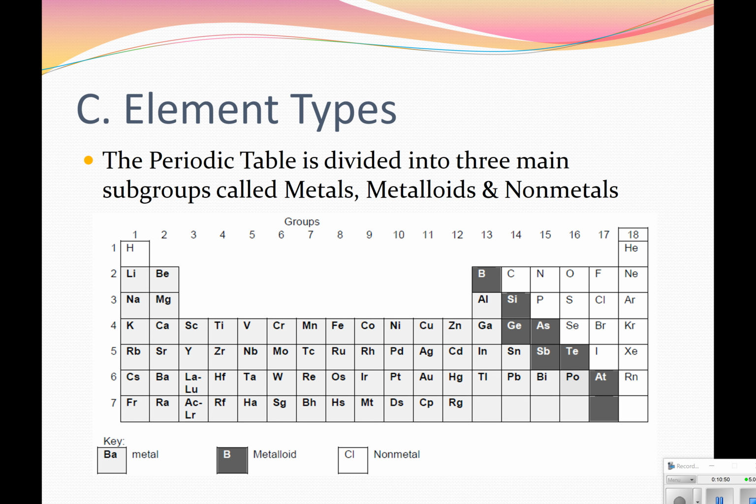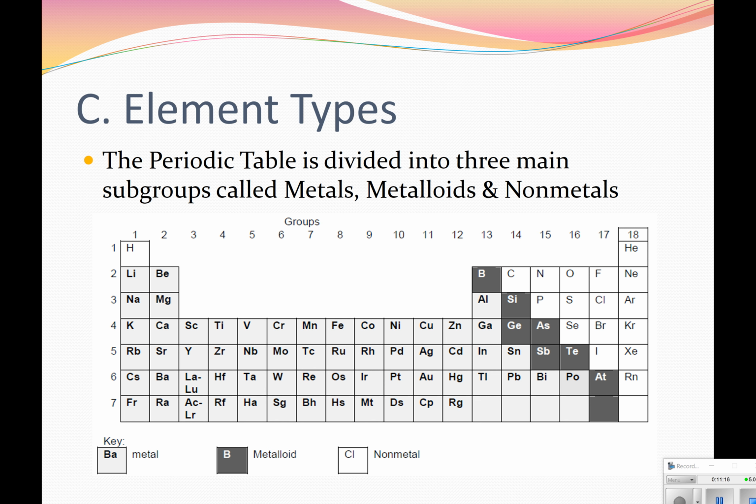The metals are this light gray area over on the left side here, and what separates our nonmetals from our metals are going to be our semimetals. It's kind of like a blurred line between the two, and that's going to be these dark gray elements running here. If we look closely, there's actually a little staircase that runs through here, and that's what separates our metals and our nonmetals.